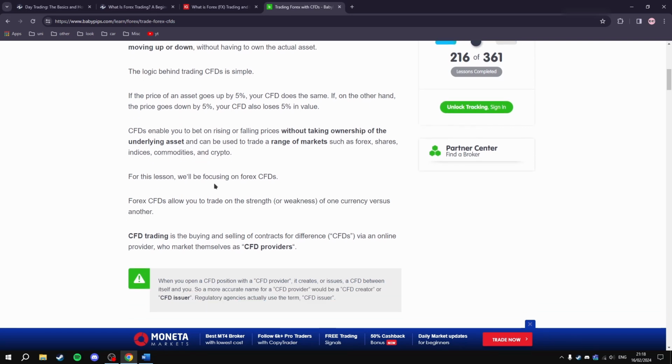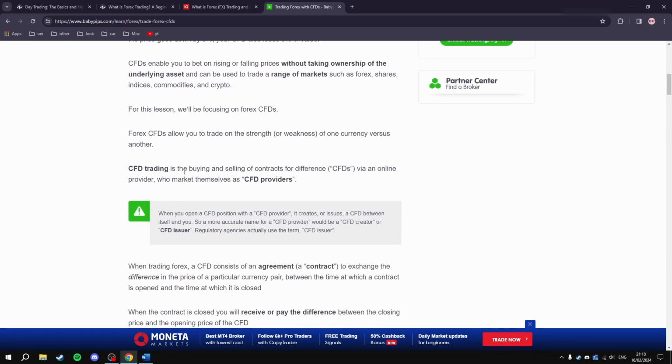For this lesson, we'll be focusing on Forex CFDs. Forex CFDs allow you to trade on the strength or weakness of one currency versus another. CFD trading is the buying and selling of contract for differences via an online provider who markets themselves as CFD providers.